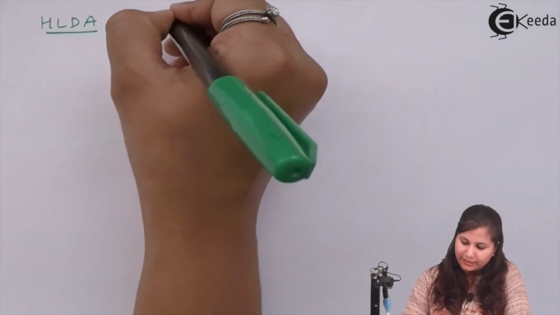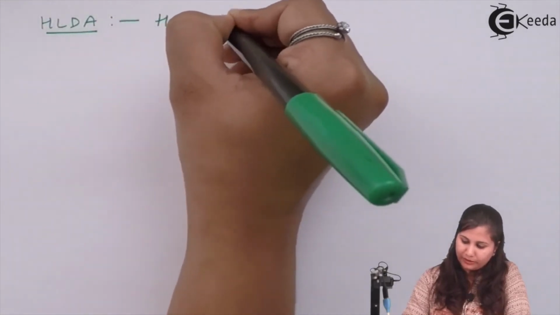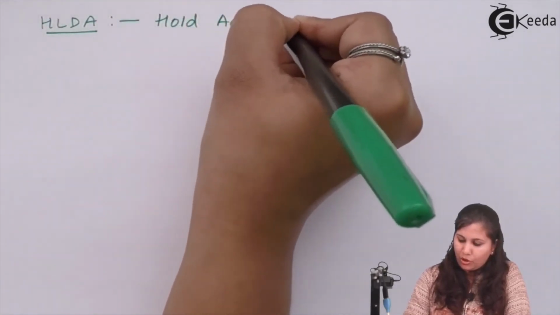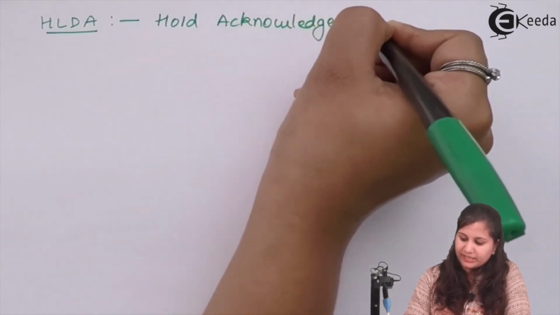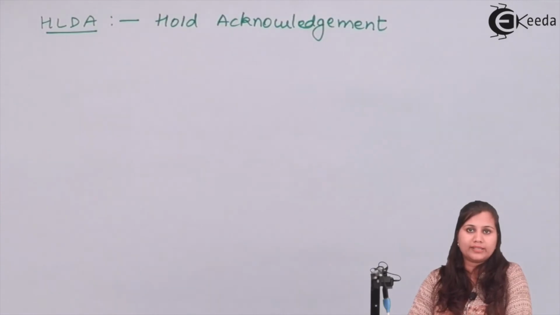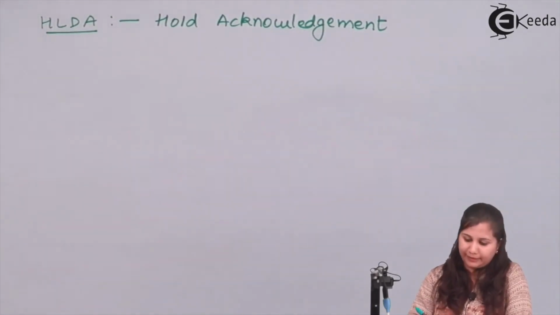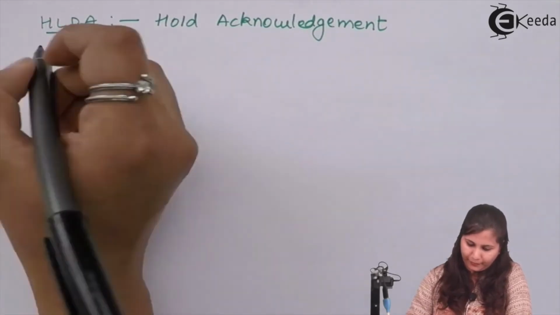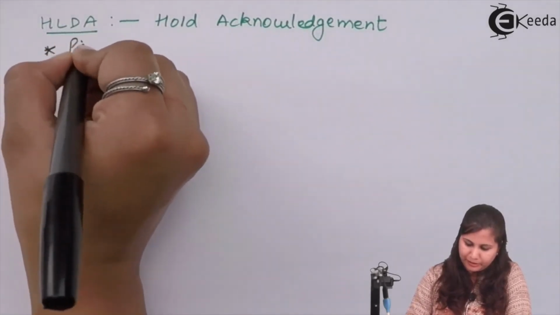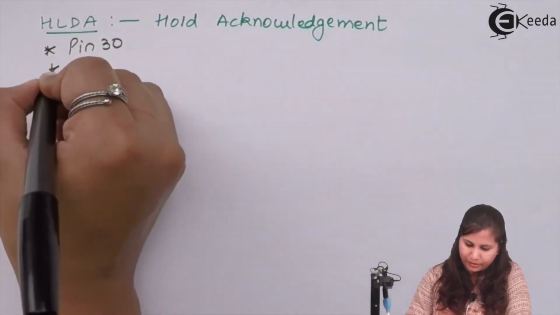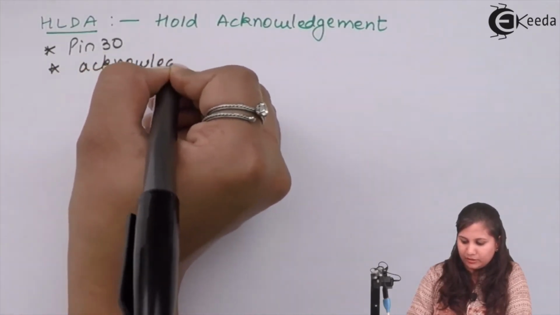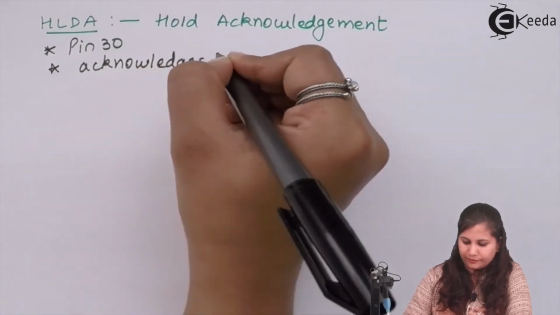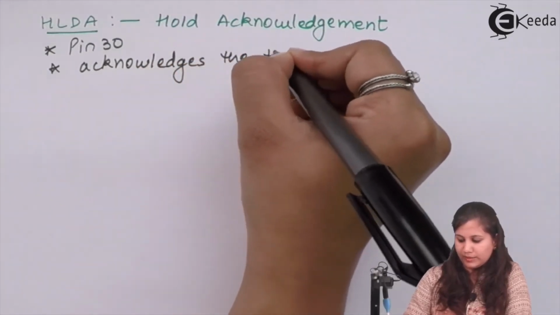So we can say that it is hold acknowledgement, or this signal indicates that the 8086 has received the hold signal. Okay, so it is just a response towards that. It is available at pin number 30, and this signal acknowledges the hold signal.